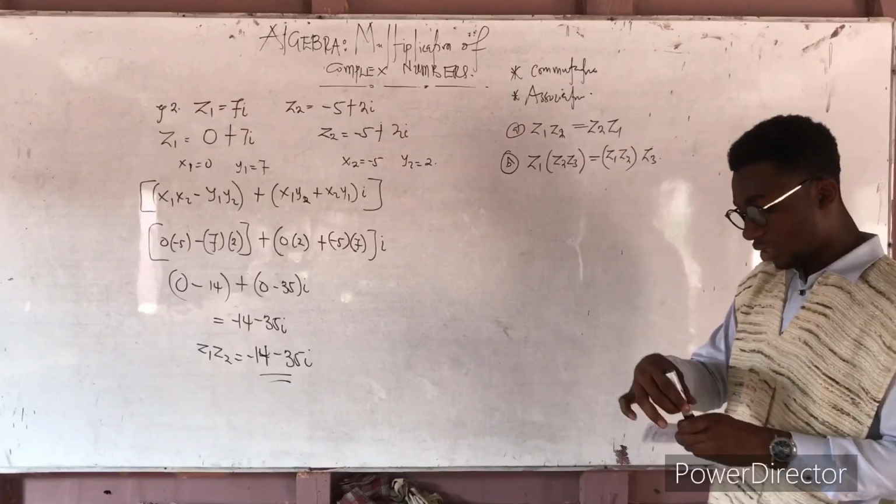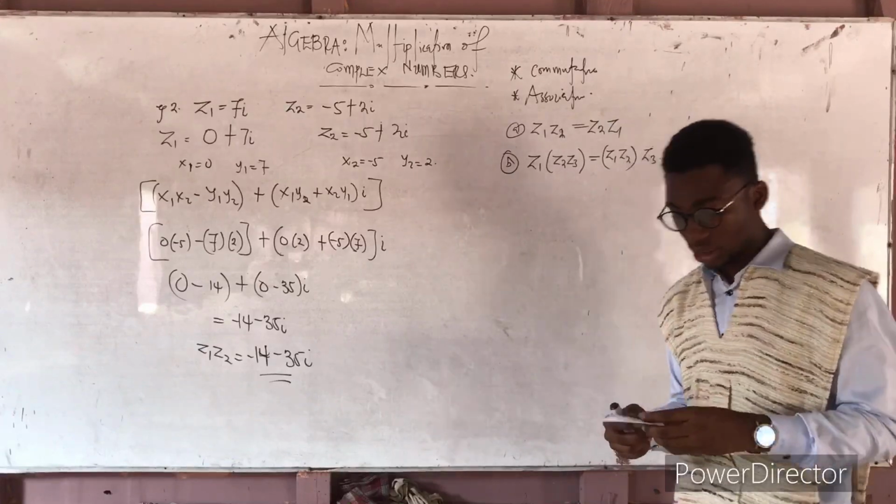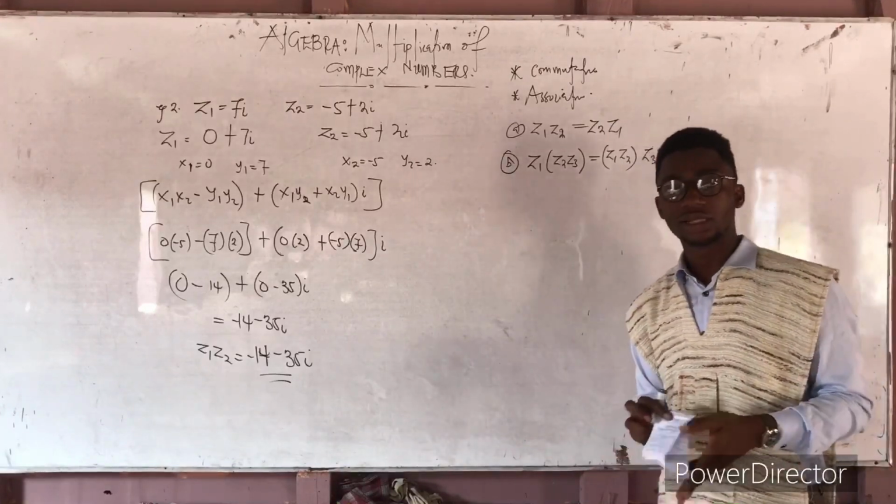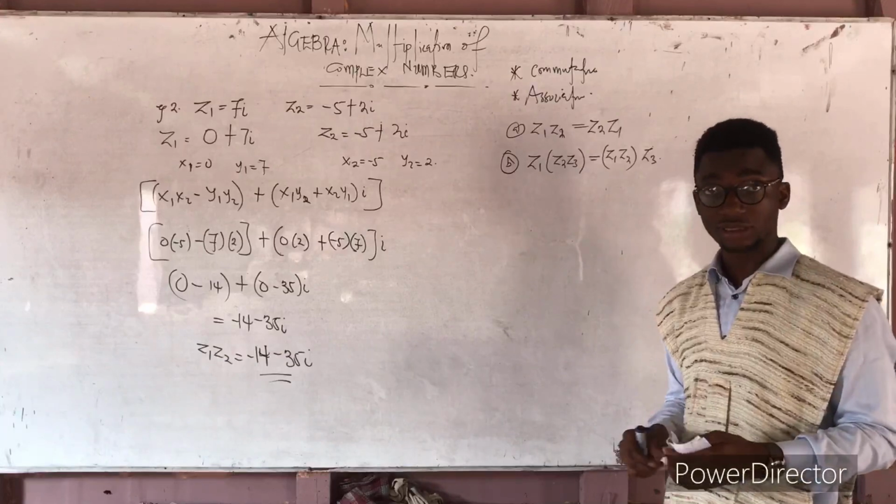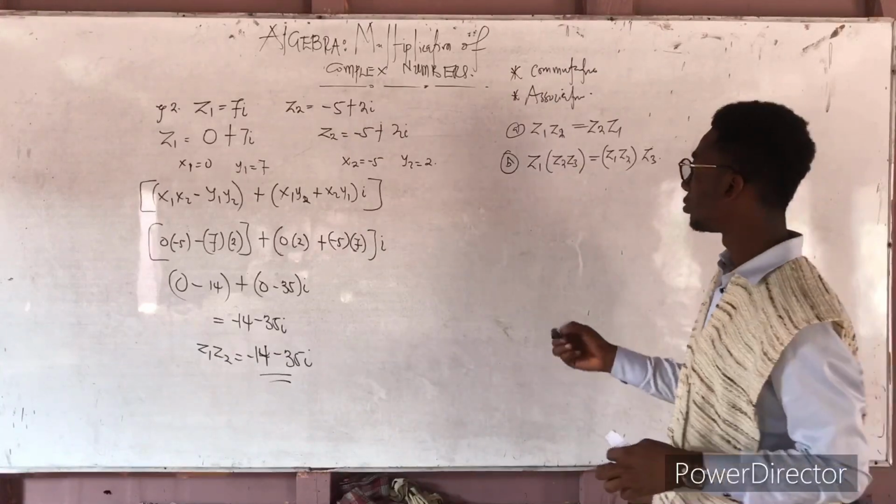Again, the product of two complex numbers also has these simple properties.